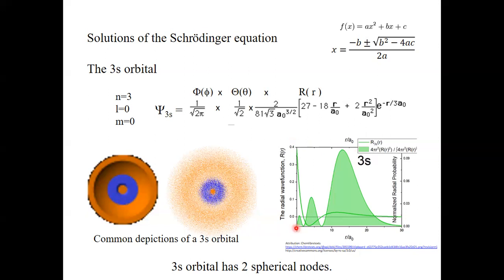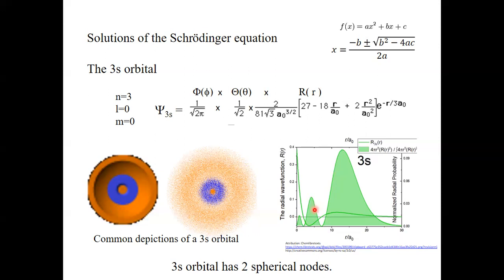So at r equal to 0, our probability is 0. Then we go to our first maximum. Then that represents our first spherical node, where again the probability must be 0. Then we go to a second maximum.